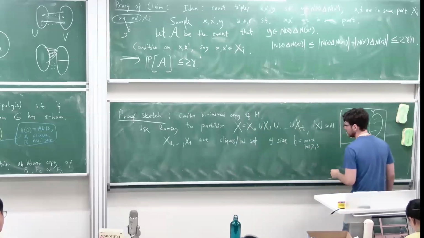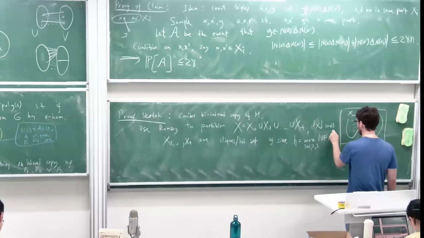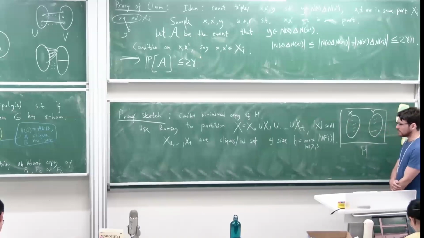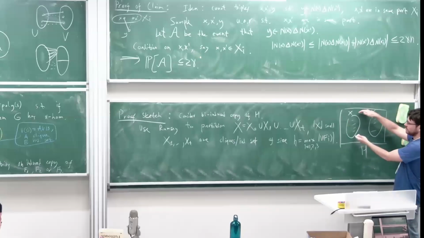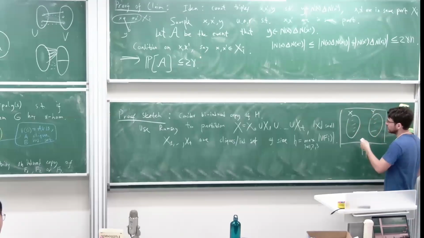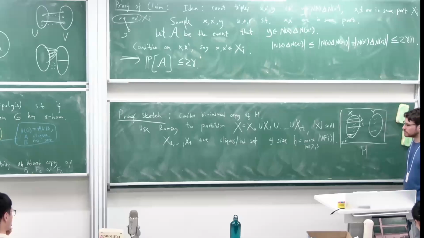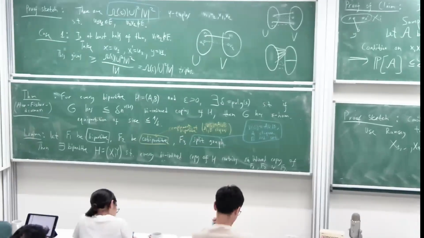We need to take it a bit large so that we can embed F1, F2, or F3. Let's just take it the maximum. So imagine X as a very large set. Someone comes and puts a graph here, and we can just apply Ramsey to find one clique or independent set of size h, and then another one, and we can do this as long as we have many vertices. At some point we have to stop, and this is X0 here. And same thing for Y.